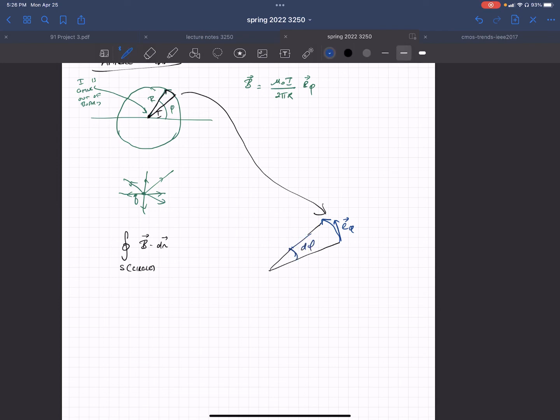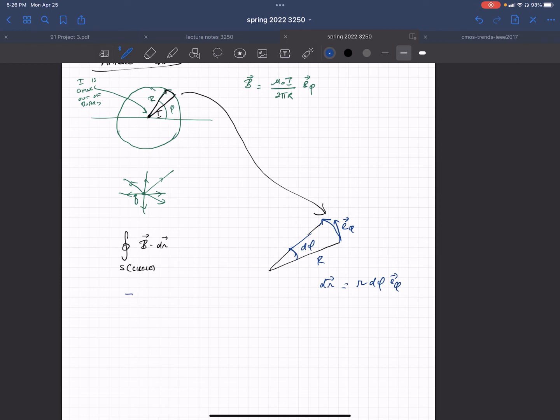So it's d phi, and r is the radius. We're just looking at this wedge and at the magnetic field there. So dr is going to look like r d phi e phi.